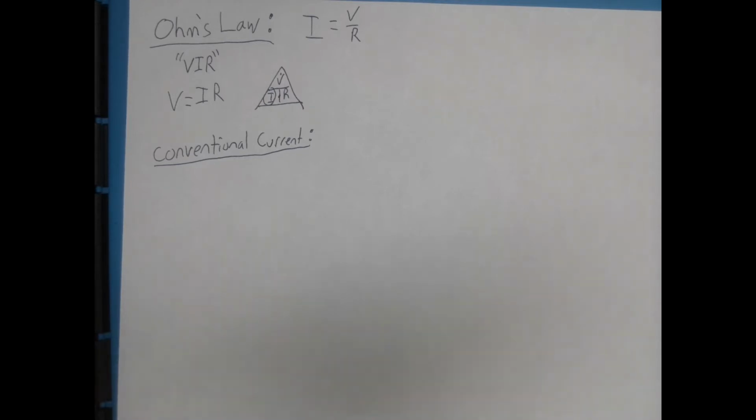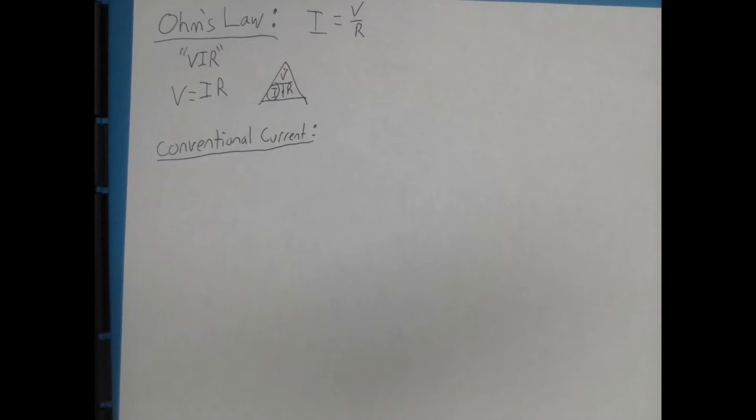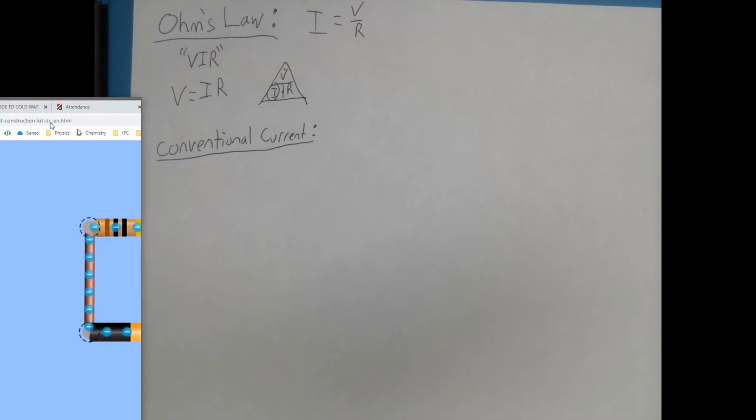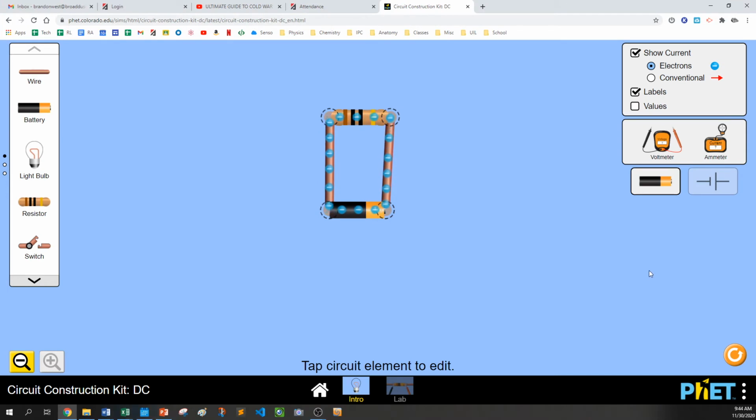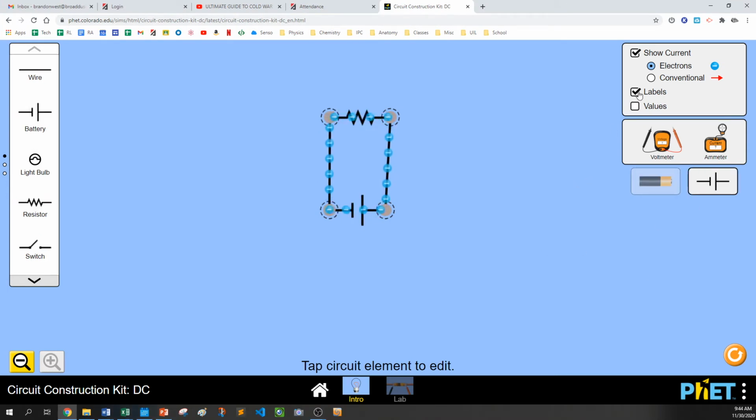So what's conventional current? So if I have a simple circuit, just a battery and a resistor, we can see electrons moving.